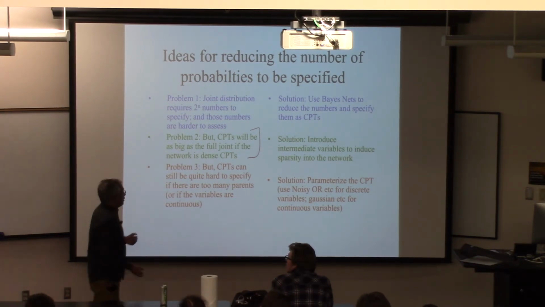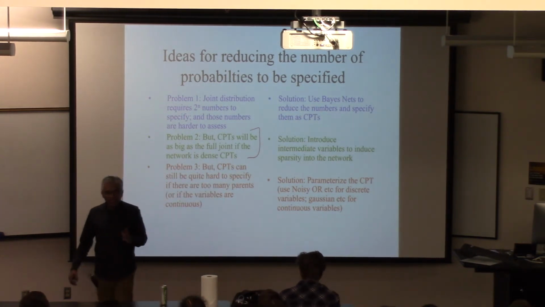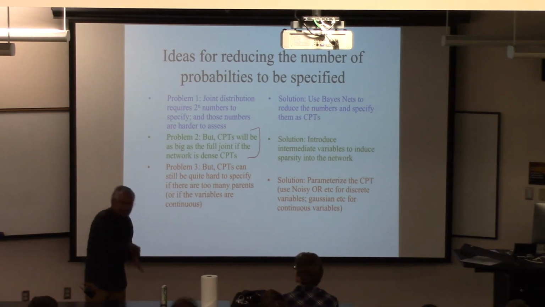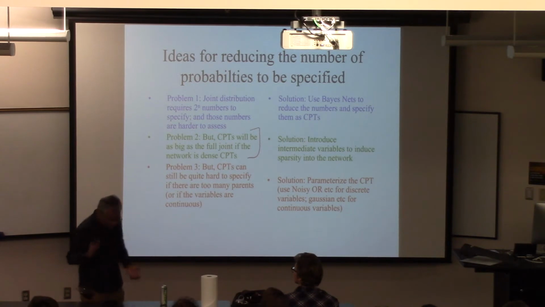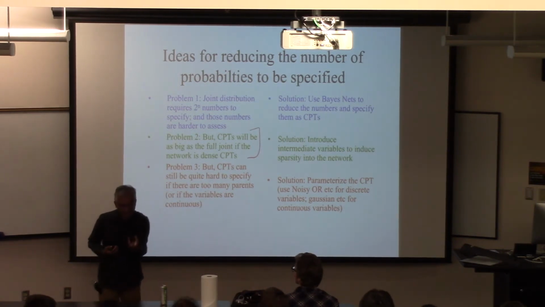Okay? It turns out that you can reduce the number of parents if you happen to know that the parents are affecting the child in particular ways. For example, consider the following scenario. Your grade, which is a random variable.